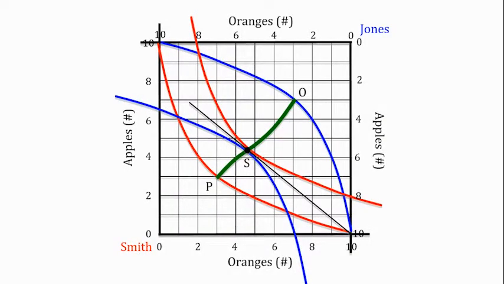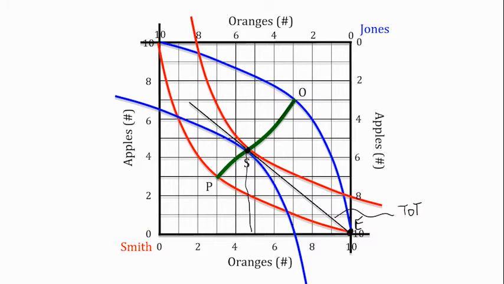Here's the visualization. The endowment is down here at point E, like it was before. S is a point in the lens, and it's a point on the Pareto optimal points connecting P and O here in the lens. Okay, but a further condition is satisfied, and that is if we take the slope of the black line, that's going to correspond to the terms of trade.